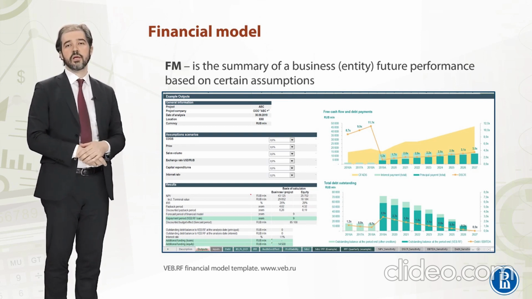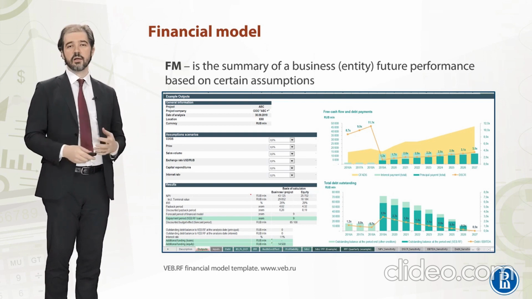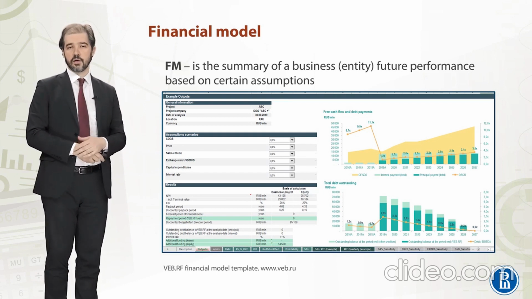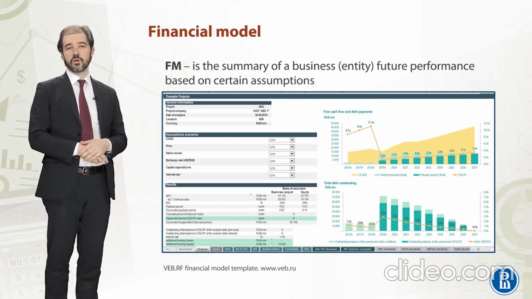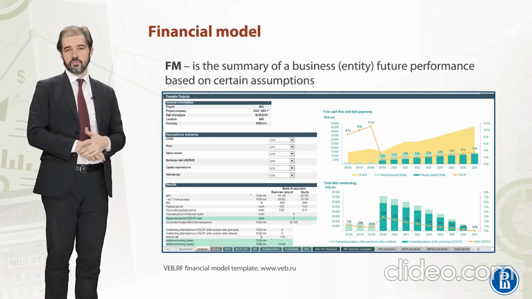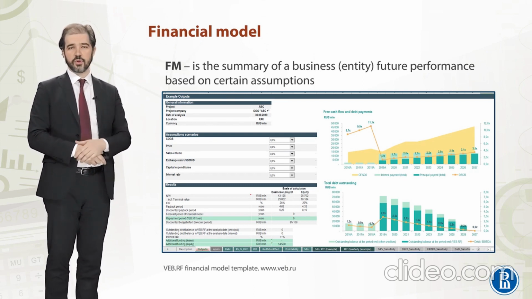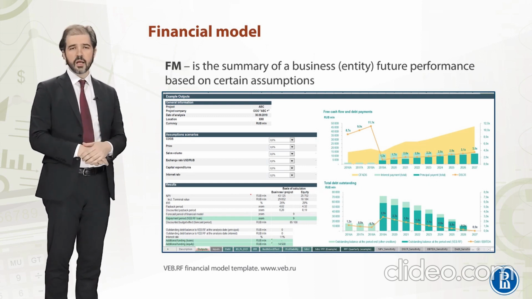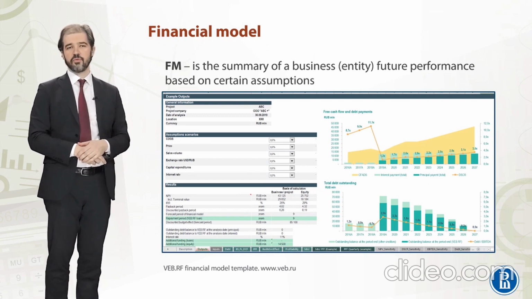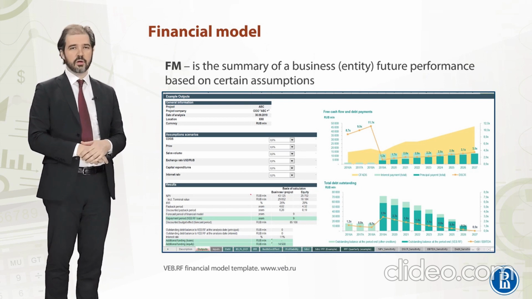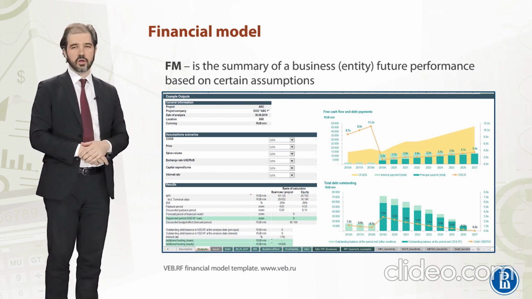And here we see an example of a results or outputs working sheet. You see the major information, some basic information about the company or project, then some switches or choices between different scenarios, then major ratios like NPV, IRR, total capital expenses for the project, and many others, and some graphs.